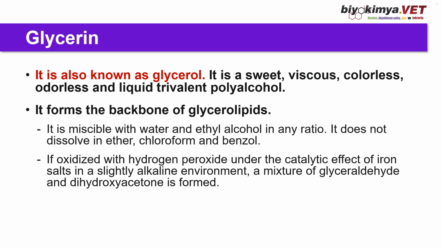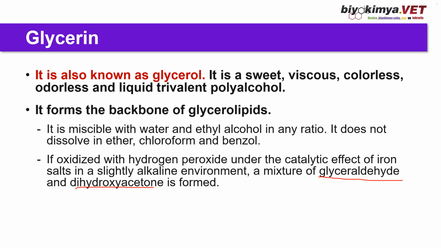If oxidized with hydrogen peroxide under the catalytic effect of iron salts in a slightly alkaline environment, a mixture of glyceraldehyde and dihydroxyacetone is formed. Do you remember what these molecules are? They are the simplest monosaccharides.